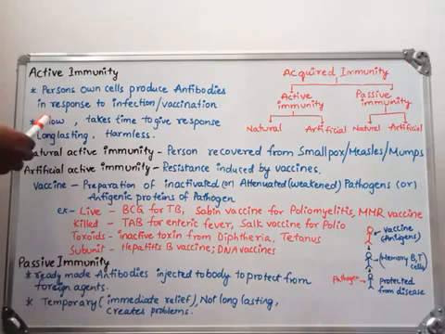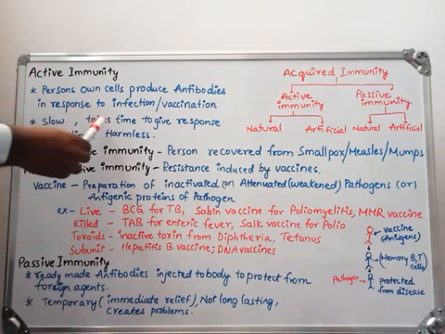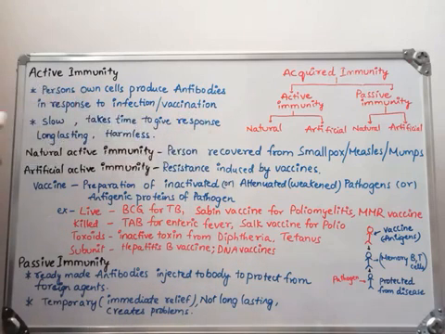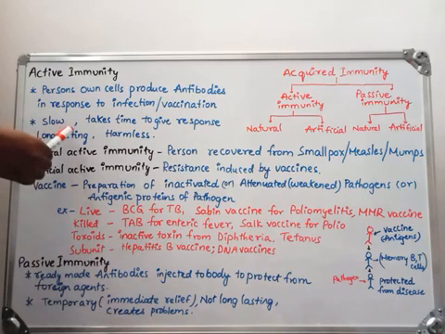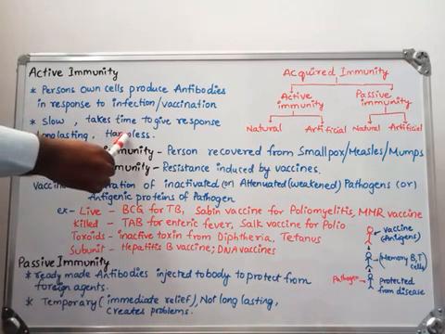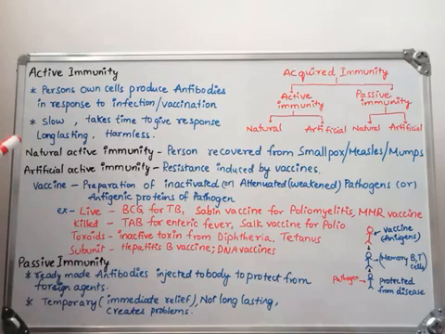It takes a lot of time to give an immune response, that we already observed, and it is long lasting, means the person is protected for a long time from the infection and even from subsequent infections also. And the active immunity is harmless to the body. Okay, so these are the properties.